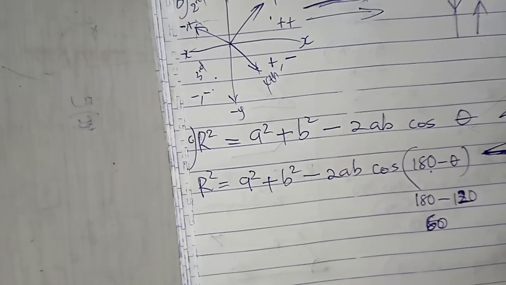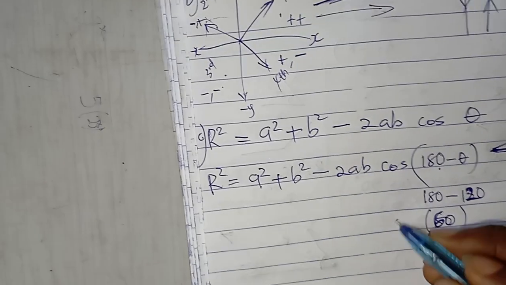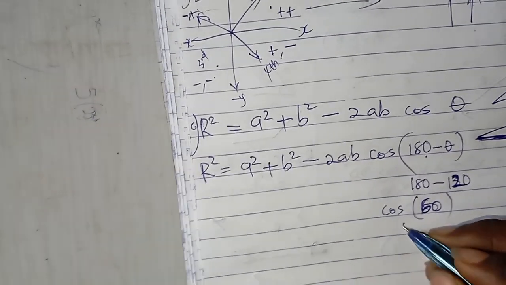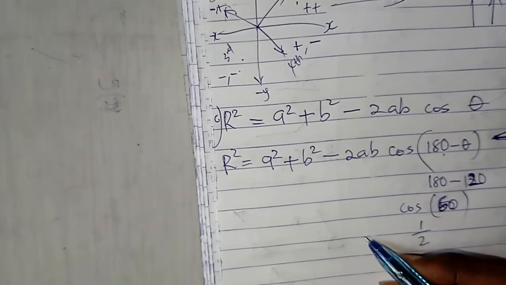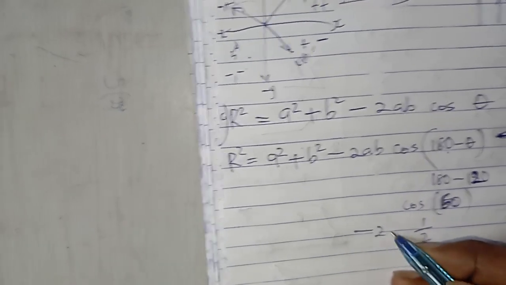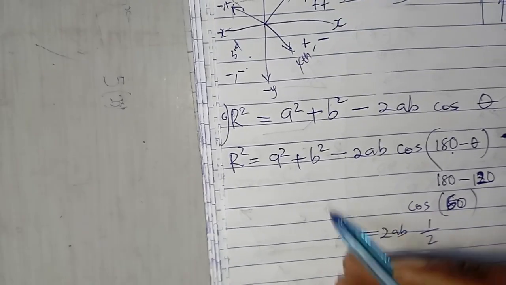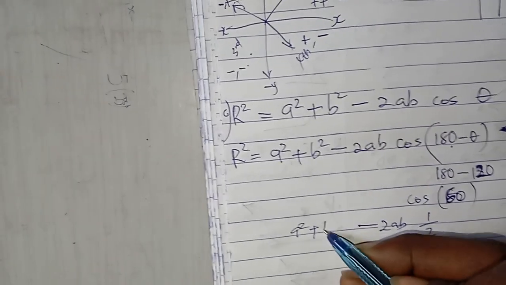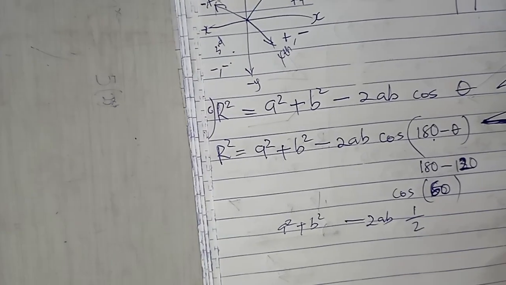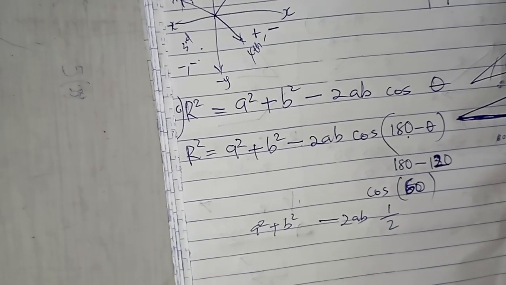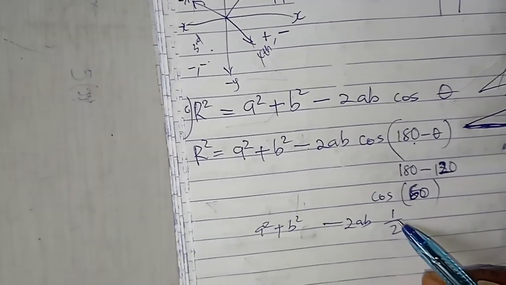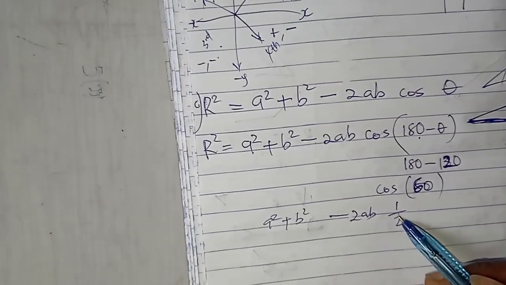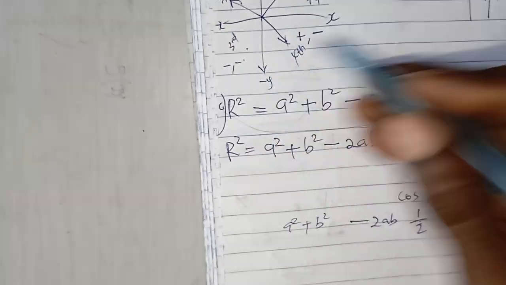I just want to use this for a reason. So I have 60. Notice that if I do cos 60, I will get half. And by the time I put this half here, the answer is still negative: I still have negative 2ab half, then a square plus b square on this side. So if I'm using this angle, the angle you must use for cosine, I have half here, and everything gives me the same thing.